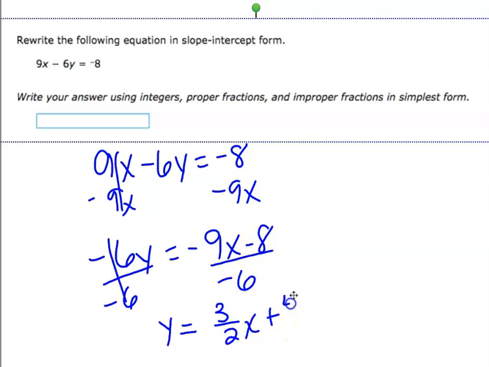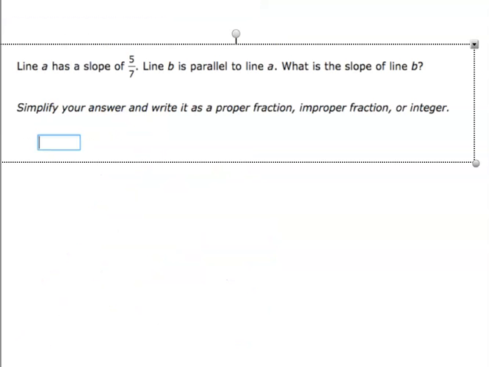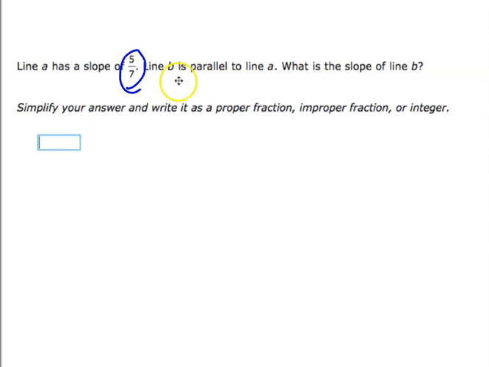So the last IXL, Y13, is parallel and perpendicular lines. Parallel, same slope. Perpendicular, negative reciprocal. So if line A has a slope of 5/7, line B is parallel. Parallel, it's just going to be the same slope. So the slope of the line is 5/7. The next example, we have an equation of a line, y equals -4/7 x plus 5/3. It's parallel.